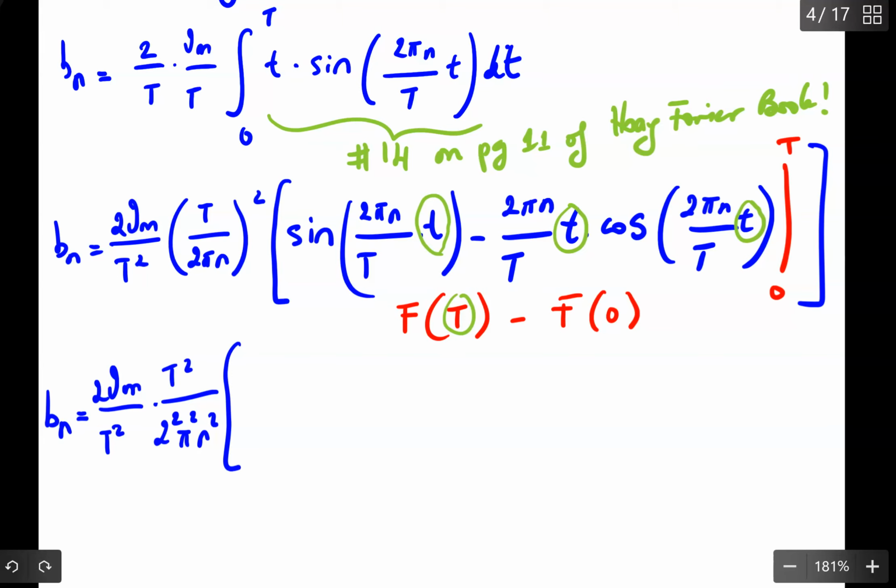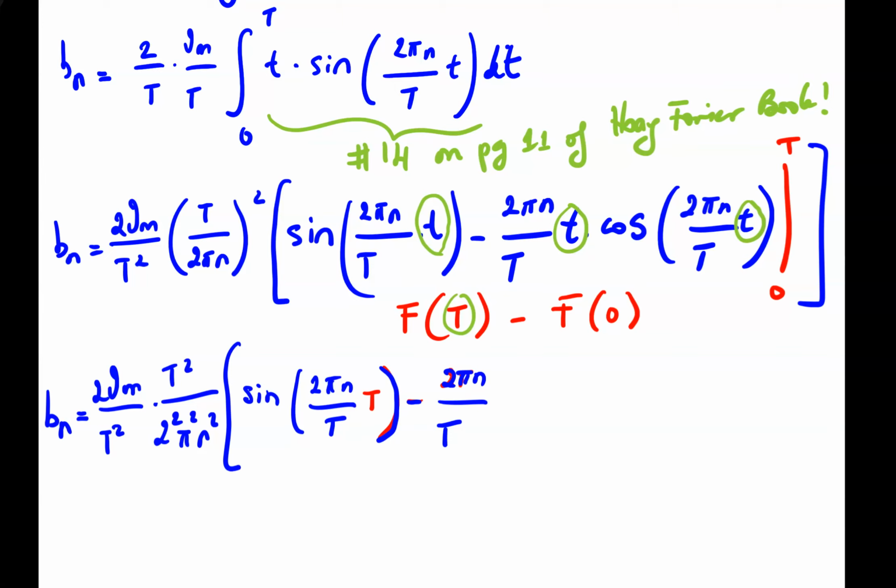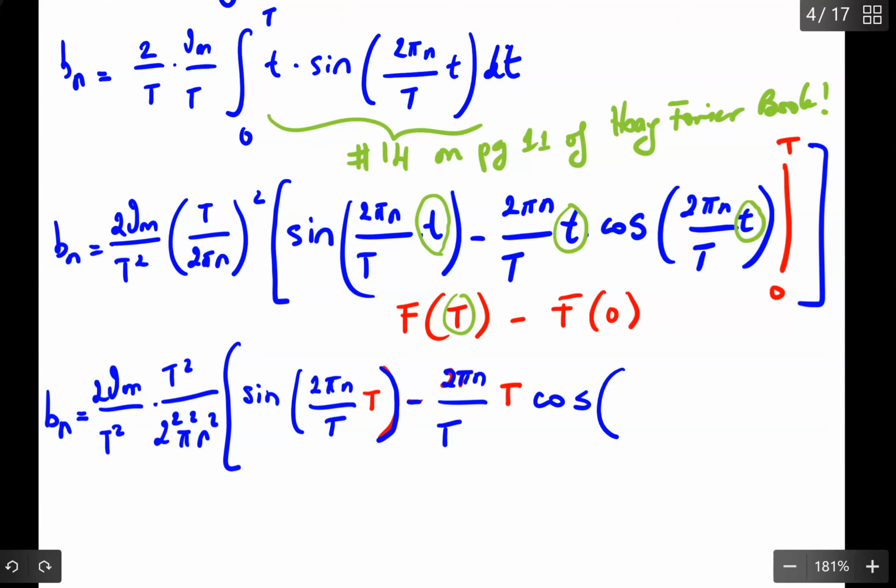Okay, so I'm going to write sine of 2 pi n over T. So where this t is, I will put in the T. Subtract 2 pi n over T. And here is my variable t, but I evaluate that at the period of T. And then I multiply that with cos 2 pi n T, and then write the T right there.